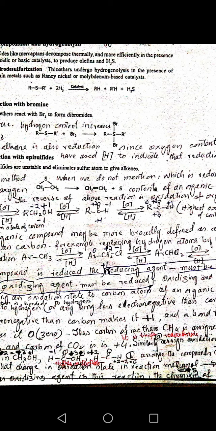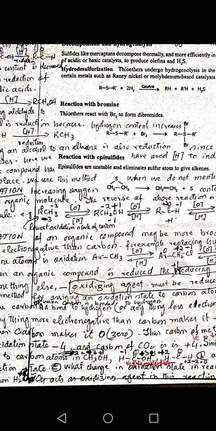Now you can calculate the oxidation state for different compounds. Here it is given, HCOOH. HCOOH is formic acid.